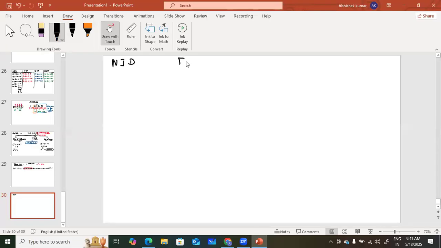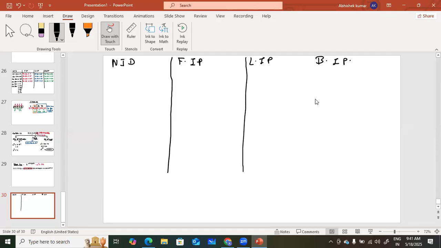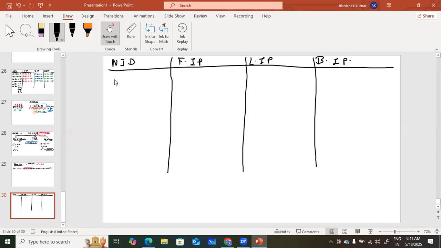Network ID, first IP, last IP, broadcast IP. What was the IP again? 10.0.0.0. Exactly, you're right, this is the default.